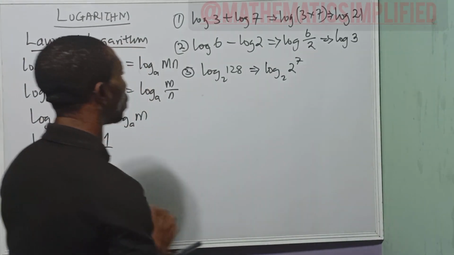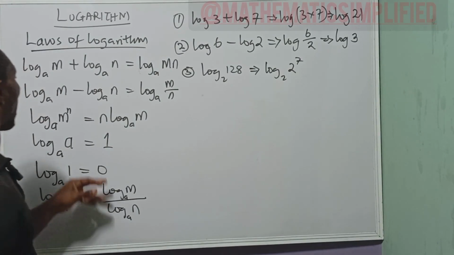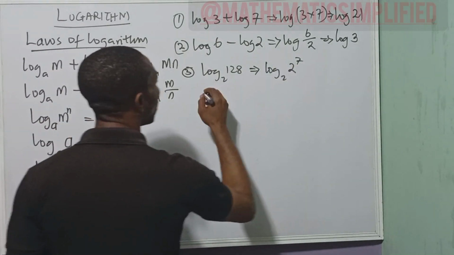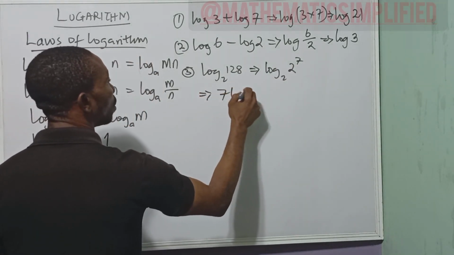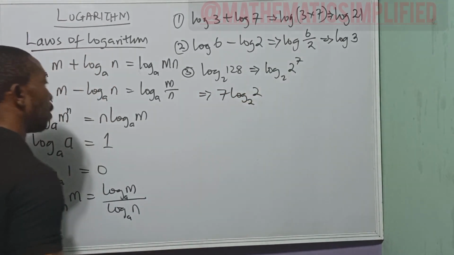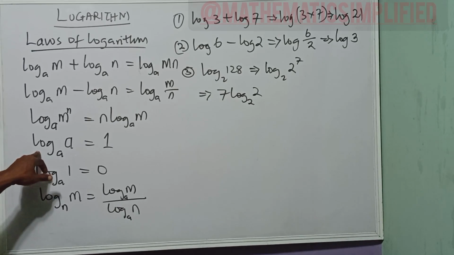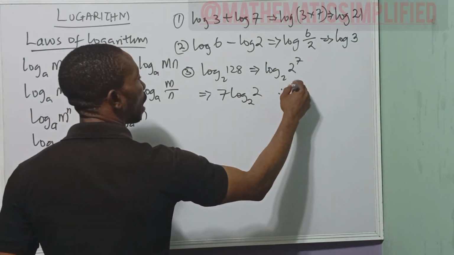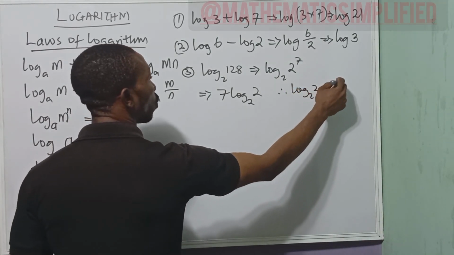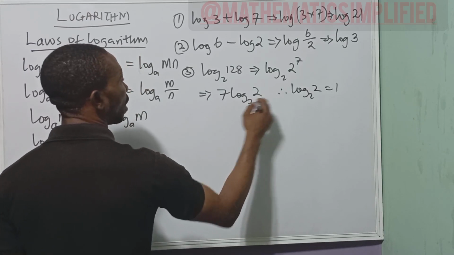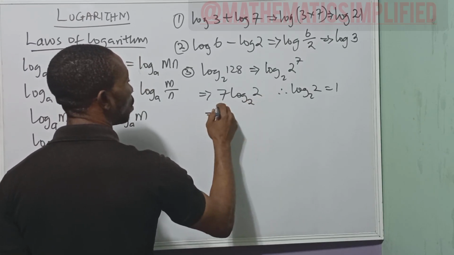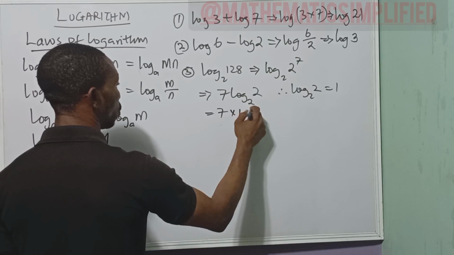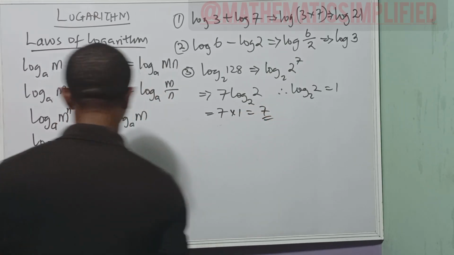Applying this law, this gives us 7 log 2. Bearing in mind that we said when we have log a to base a, it equals 1, then our log 2 to base 2 here equals 1. So this gives us 7 times 1, which gives us 7 as our answer.